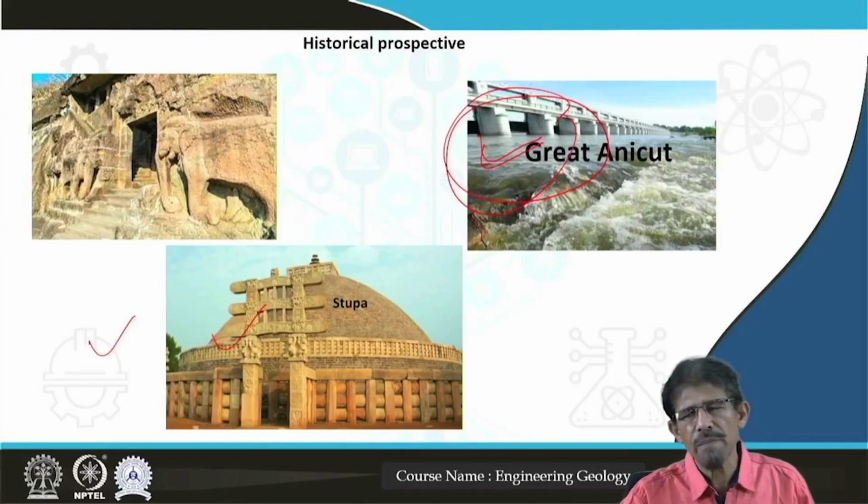We have a number of structures made of sandstone, particularly Vindhyan sandstone, Aravalli sandstone, and marbles. We have the good example of the Taj Mahal. We have different types of forts, varieties of temples and others. These structures indicate the knowledge of engineering geology of our ancestors.